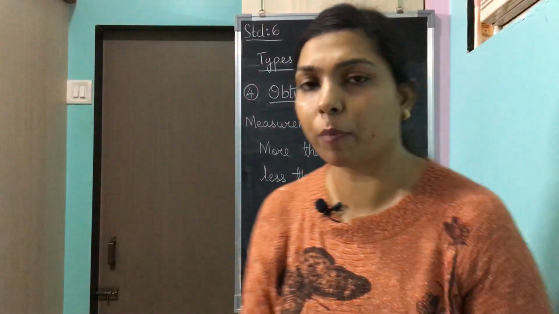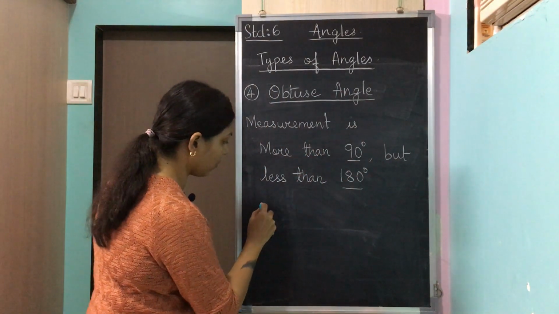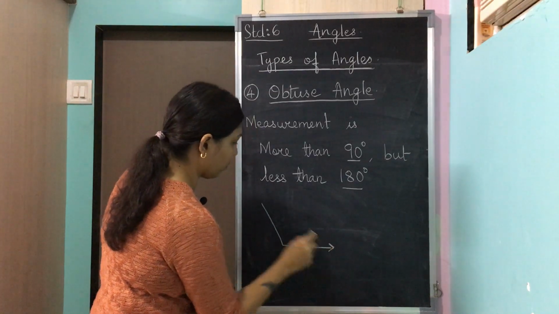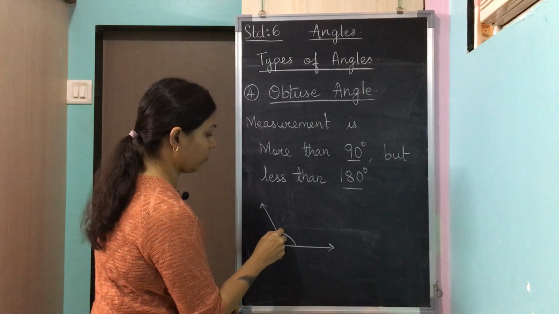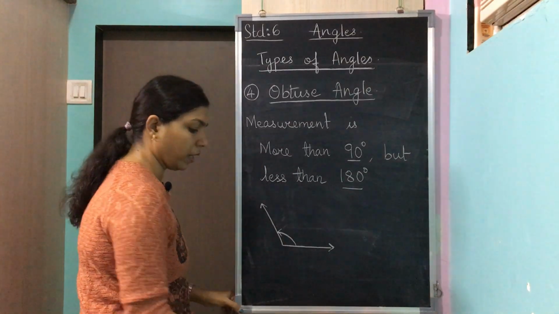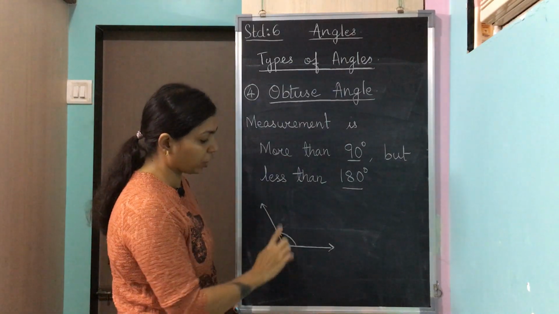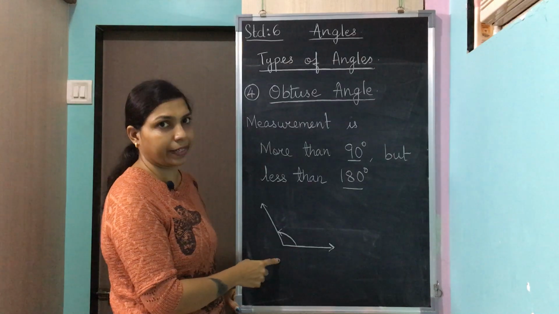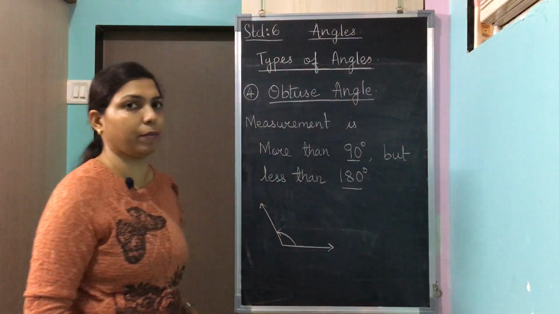We'll draw one obtuse angle on the board. So this measurement is more than 90, the L formation, but it is less than 180 degrees. So such an angle is called an obtuse angle. Please copy it down.